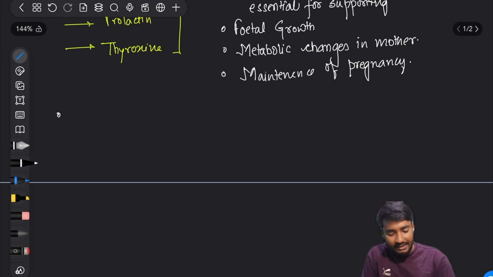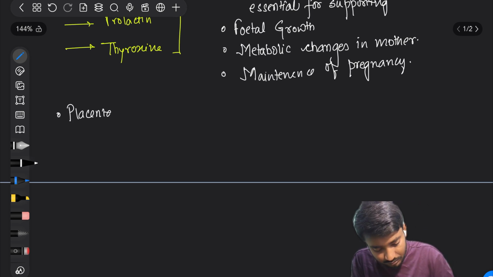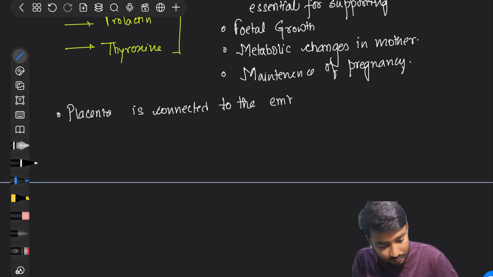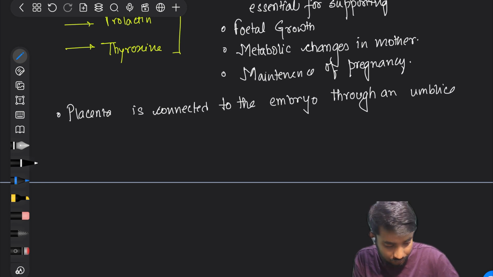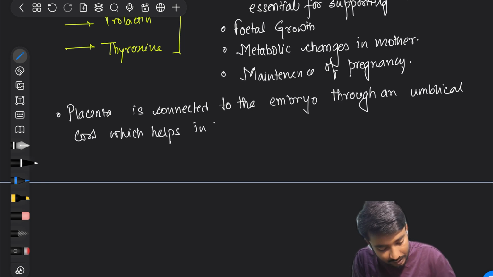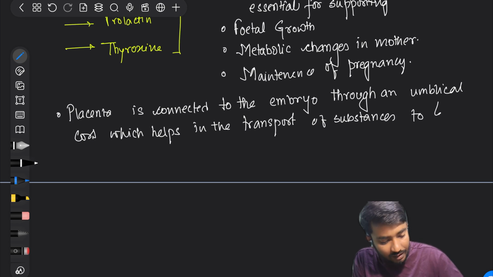So the placenta is now connected to the embryo through an umbilical cord, which helps in the transport of substances to and from the embryo.